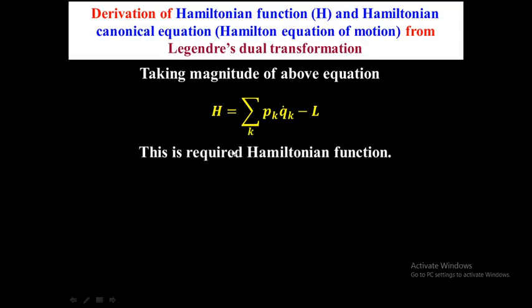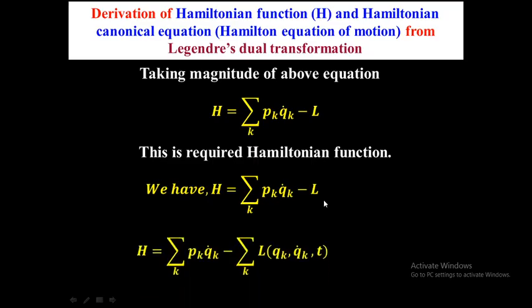So consider this Hamiltonian function, H is equal to pk qk dot minus L. Now we know that L is a function of qk dot and time t, and the summation applies to this term and also to L, so the summation can be separated.